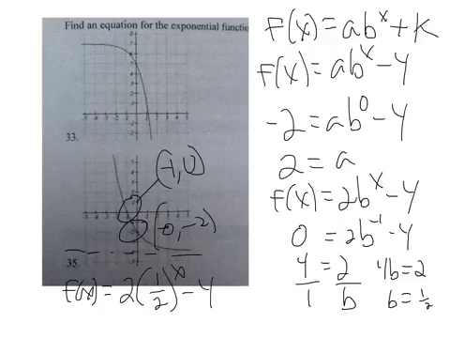And if you think about this, this is just a decay equation that's been shifted down 4 units, and it's got the stretch going on too. That's how you do these kinds of problems. Find your y-intercept, find a point. Typically, the y-intercept will help you find the a, that leading coefficient, and then pick another point, and that'll let you find the base if you don't know the base. Okay? Hope that helps.